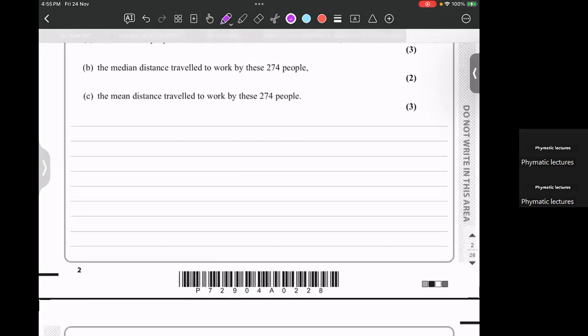So to answer this question, first of all, you calculate the area of the histogram between 10 to 20 kilometers.